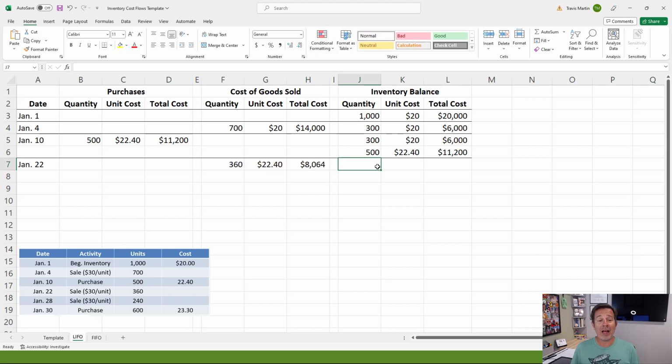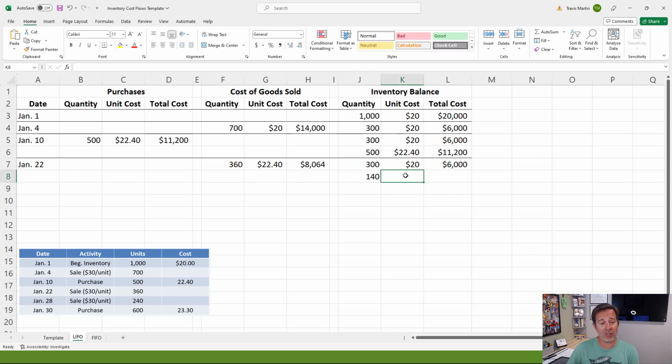So now let's talk about the leftover inventory. I didn't touch any of that beginning layer right there, that 300 units at 20 per. I had 500 in the new layer and I sold 360. So I'm down to, I think, 140 here.